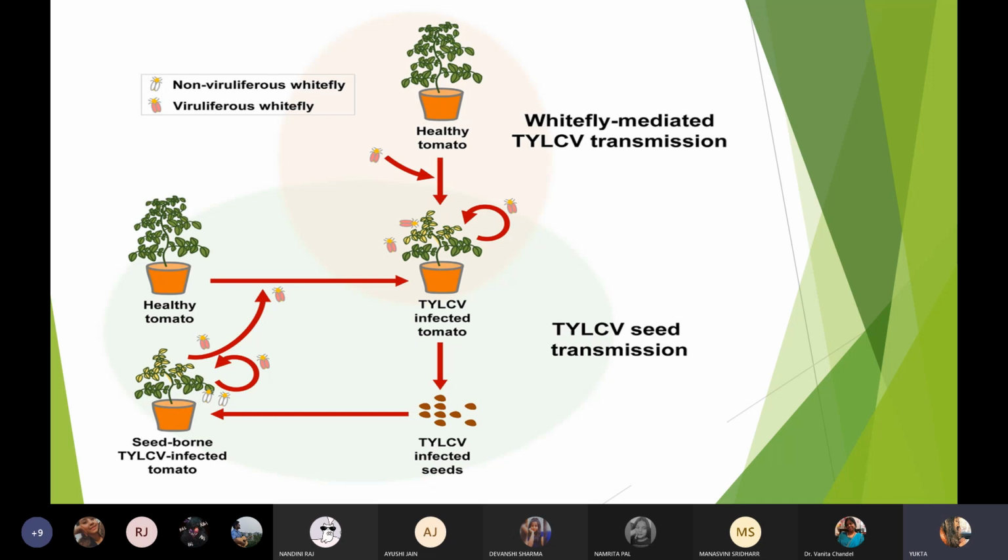So the single-stranded DNA gets converted to double-stranded using the host cell machinery, and the viral DNA, in association with nuclear proteins, can transcribe viral mRNAs in the nucleus, and later these are exported to the cytoplasm for translation into the different viral proteins.